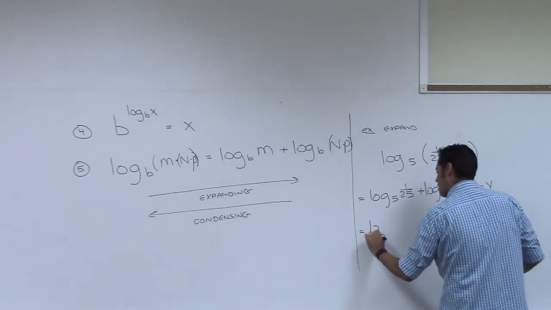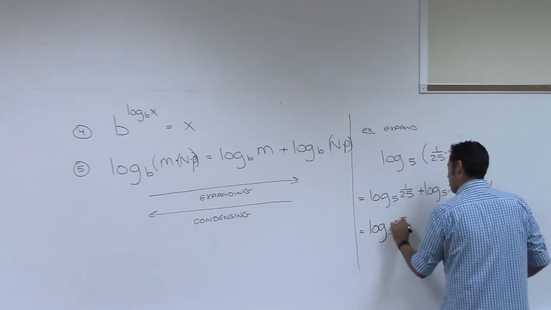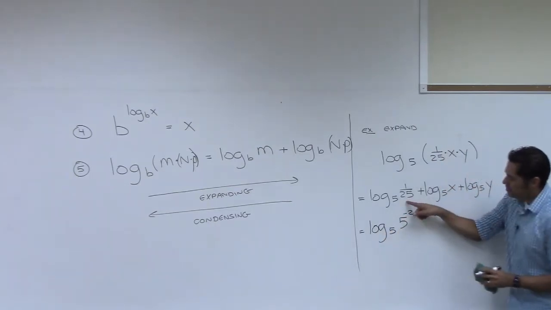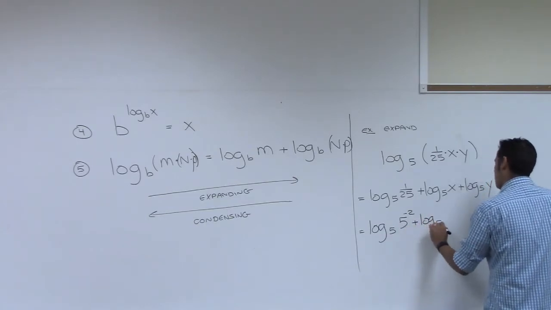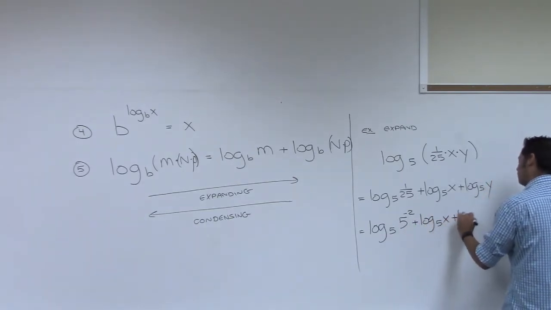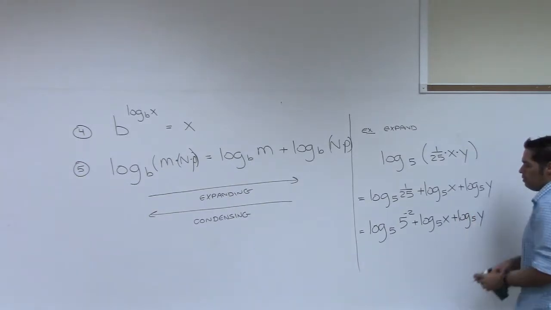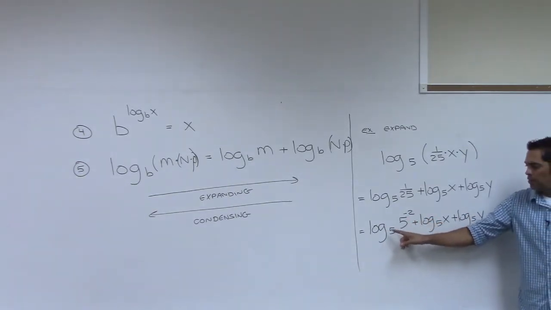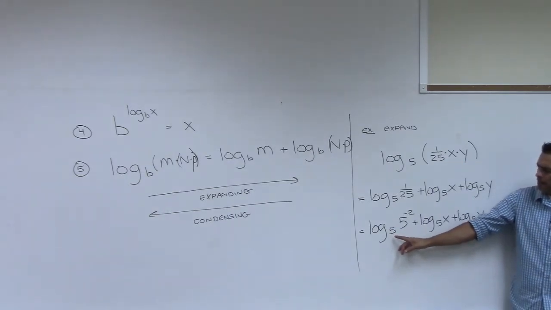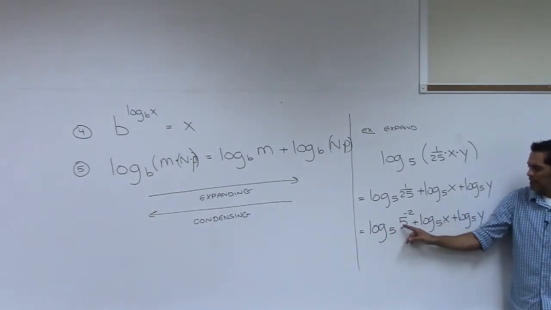But I want to show you again that if we write 1/25 as 5 to the negative 2, then I can use a property to get my final answer. What's log base 5 of 5 to the negative 2? So what property was this that we had? It was log base b of b to the x.